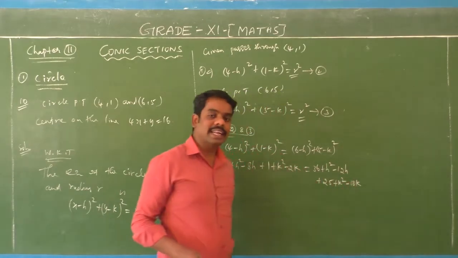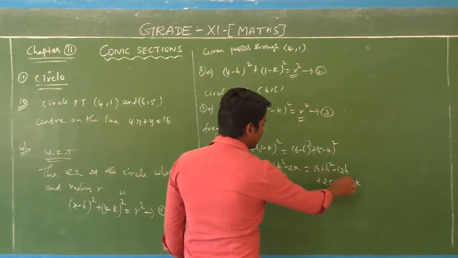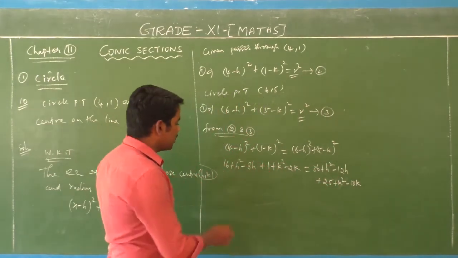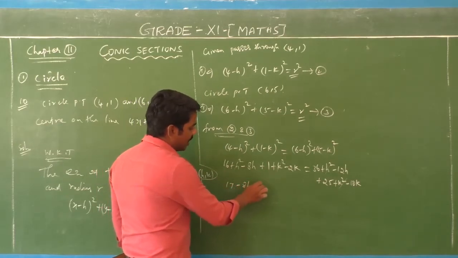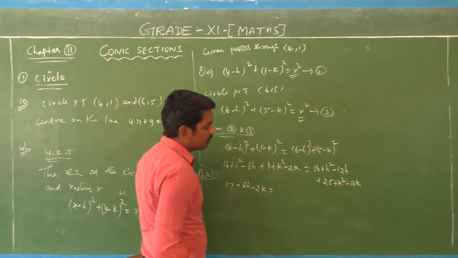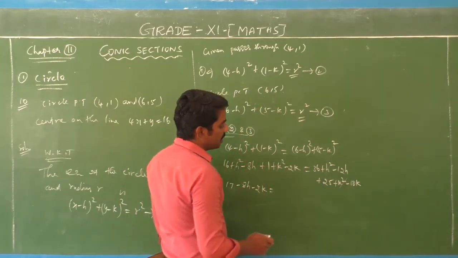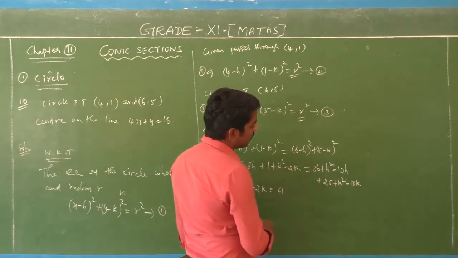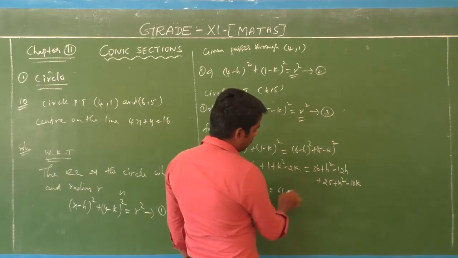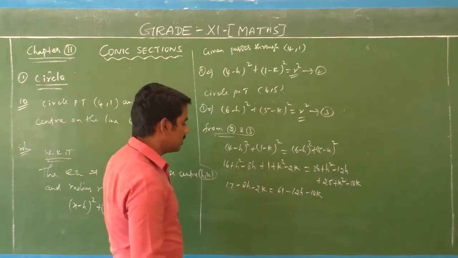Right, h square cancels and k square cancels. Remaining 16 plus 1 is 17 minus 8h minus 2k is equal to 36 plus 25, which is 61, minus 12h minus 10k.